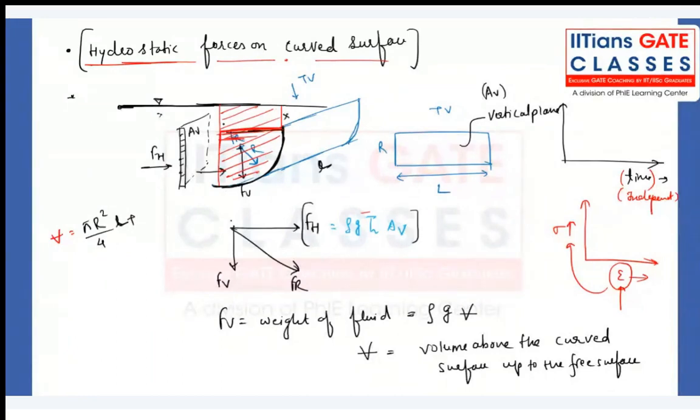That will become a rectangular one. Tell me, guys, for the imaginary liquid above the cylinder surface, what is my volume? Can I say R into X into L? Check it out.